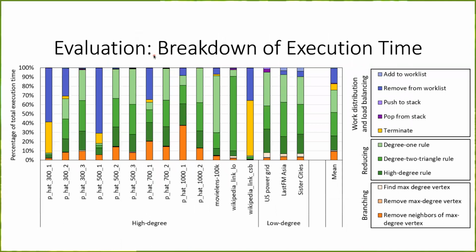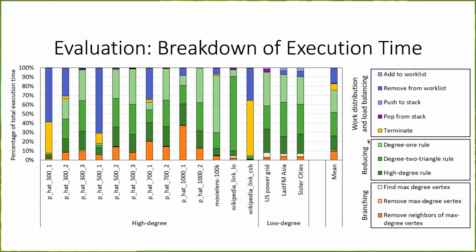On to the evaluation of the breakdown of execution time. These results show the percentage of total execution time on different graphs. We grouped the different execution times into 3 groups.